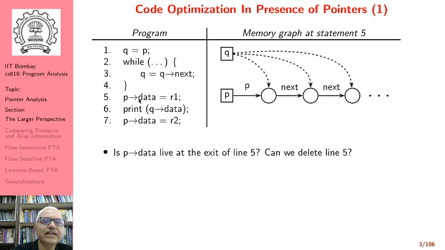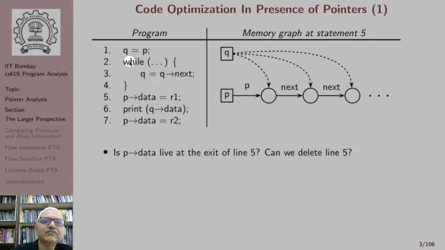We cannot guarantee that P and Q are distinct. In order to make this distinction, we change the program a little. Now we change the loop to a do while loop. So we say do move the pointer while a certain condition is met. In the earlier example, we have this while loop.